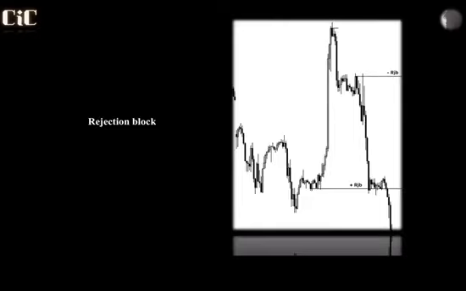Rejection block. It's a nice one. It's the closing price of the candles, the closing price of the order blocks when they leave either a stubby or a long wick. Right, this will be discussed in detail in the lesson Price Action Details later.